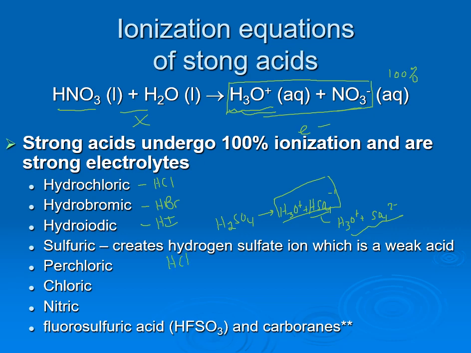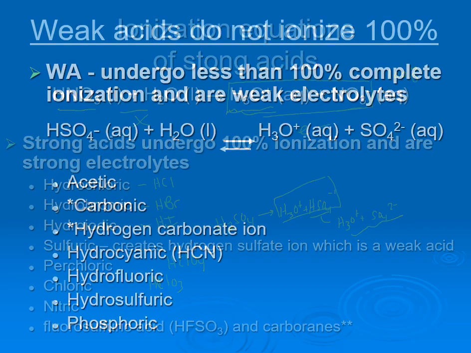Perchloric is HClO4, chloric is HClO3, nitric is up above, and fluorosulfuric acid and carboranes are what they sometimes call superacids, which we're not going to get into the discussions of superacids. We're just going to stick with traditional acids. This is a nice list to memorize because if you know the strong acids, then you know automatically if it's not a strong acid, it must be a weak acid if it qualifies at all.